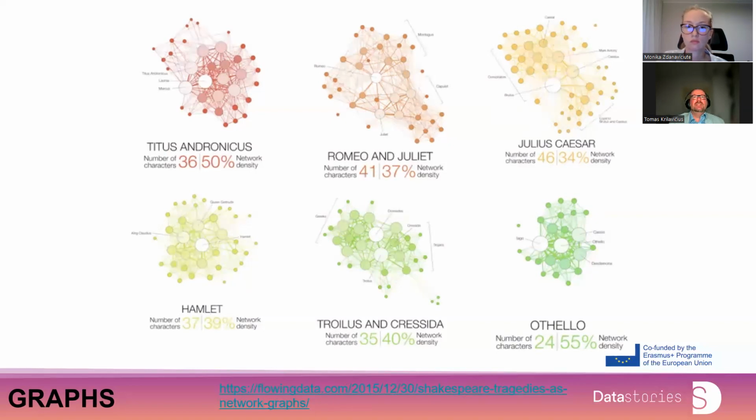So again, you can see central characters, characters which know almost everybody, etc. And of course, here it's an example with literature, but the same can be done by analyzing relations between different events, countries, people, etc.